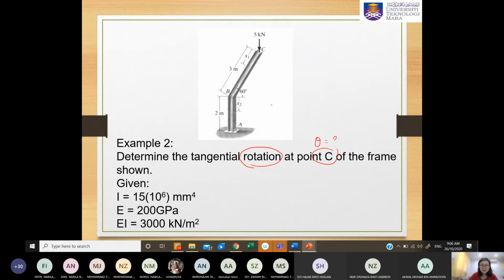So look at this. This will be your real structure. This is a statically determinate frame.